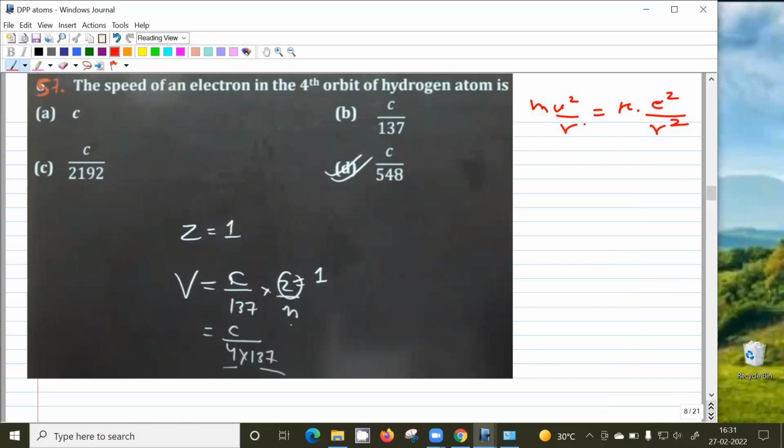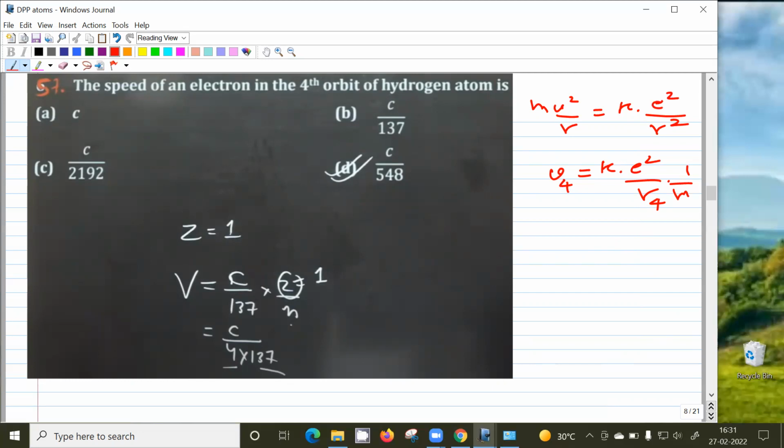Basically, the centripetal force should balance this electrostatic force. So from this I get v as K e square by r, and this should correspond to the fourth orbit. I have to put the radius of the fourth orbit to get the velocity in the fourth orbit.